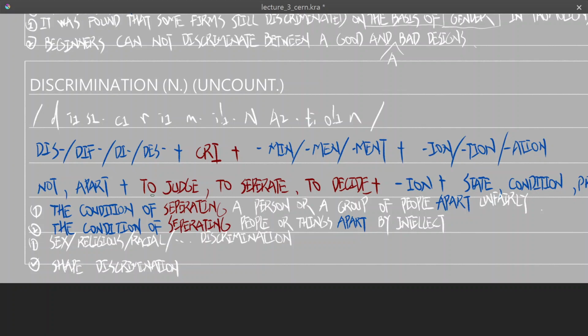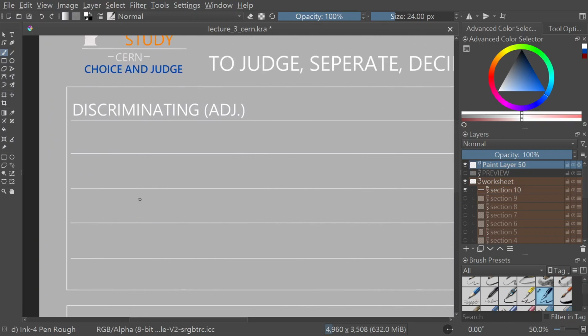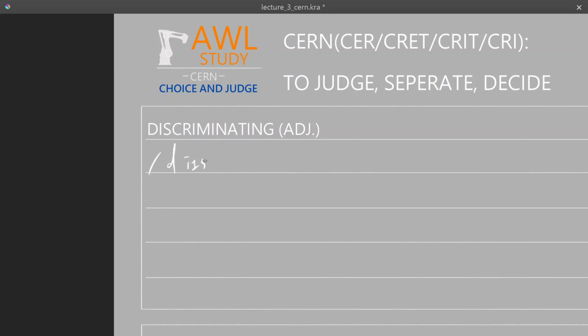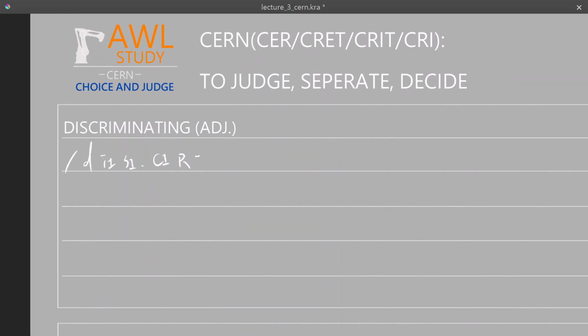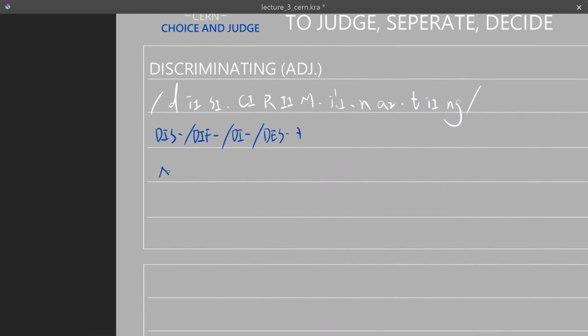Next, we have discriminating. Again, we have the prefix dis, meaning not or apart.